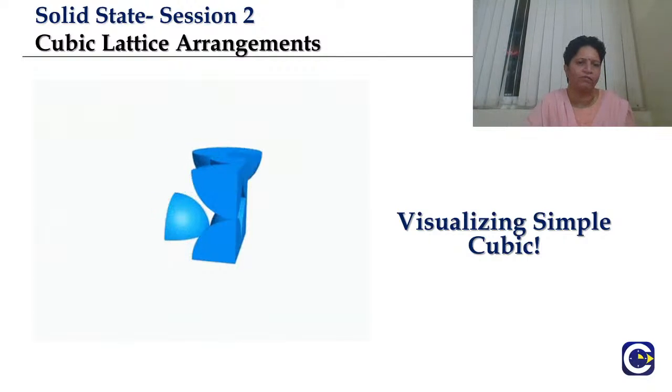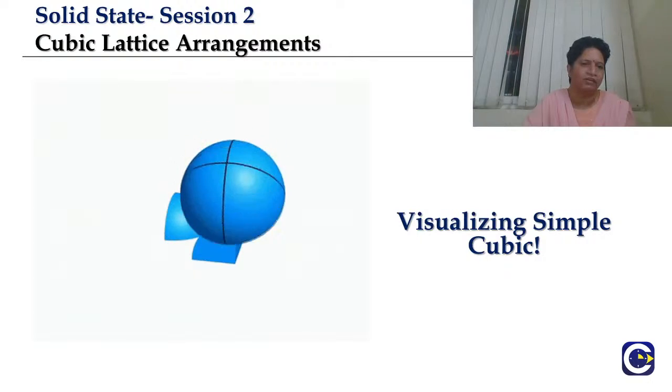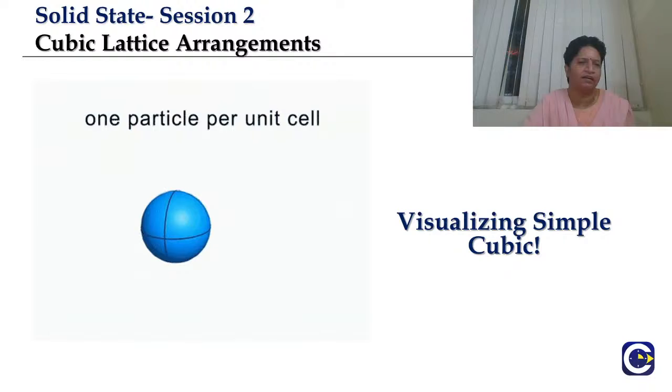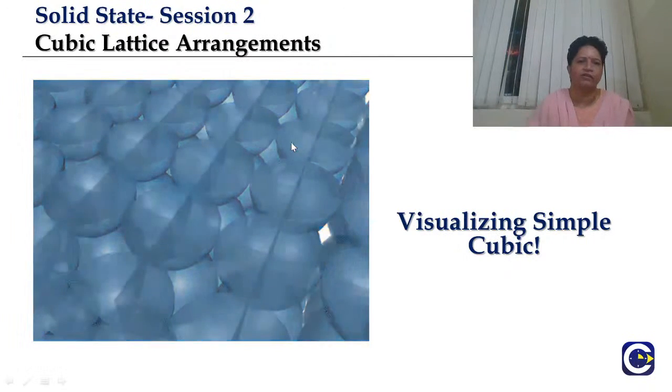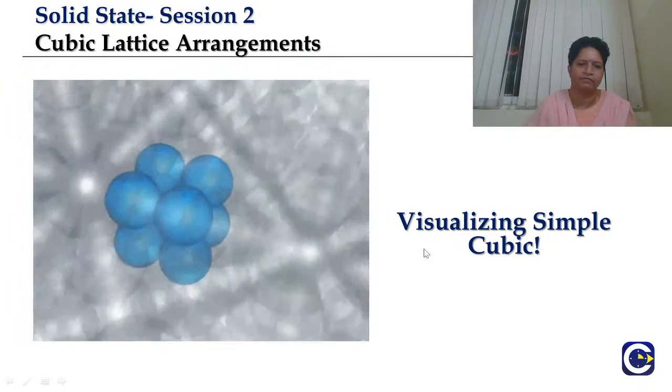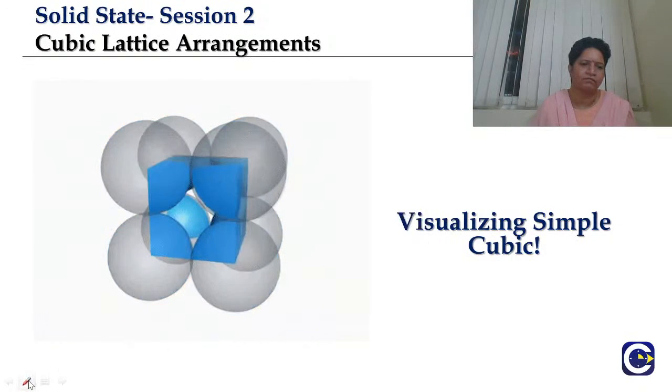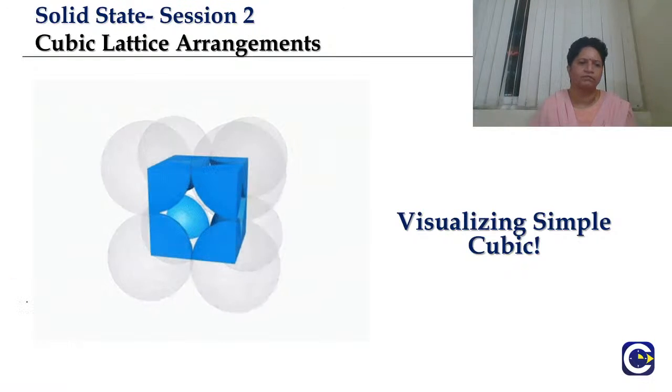It will be very clear. After seeing the calculation, the picturization will make it very clear. So in the simple cube, what are we getting? You can see for the simple cube, how many are we getting? Only 1. So let's go with the next one.